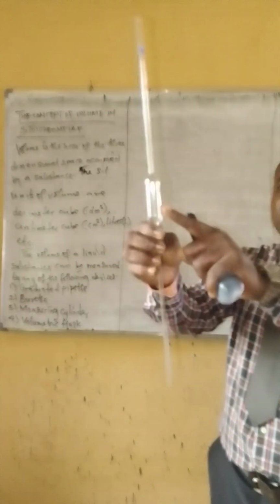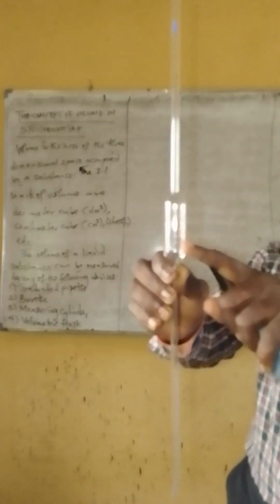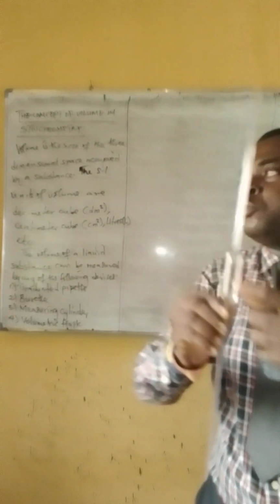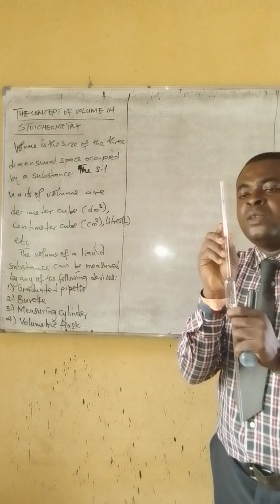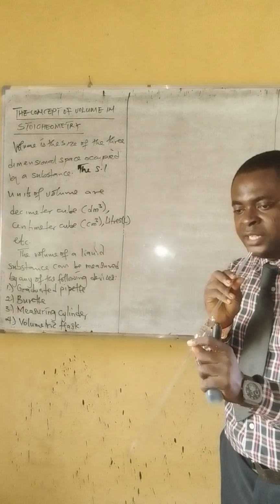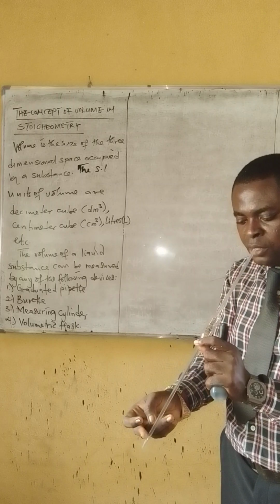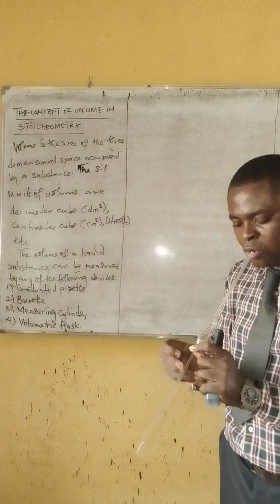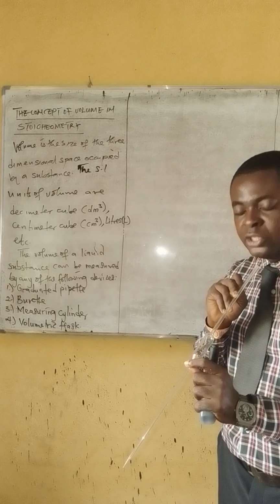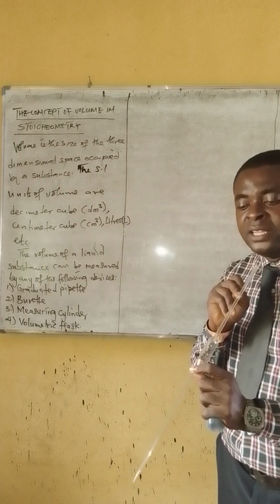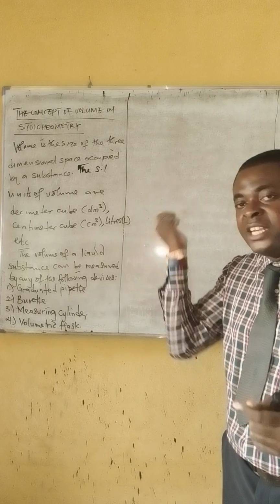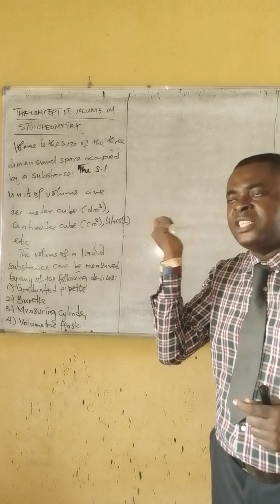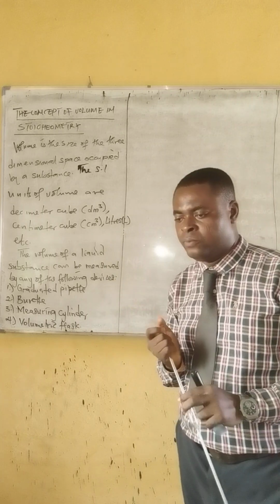The capacity of this one is 25 mil, which is 25 cm cube. So it has a brown ring here. If I use this to suck a liquid, and the liquid rises up, and by the time the meniscus touches this ring, then the volume of the liquid I've put inside is 25 centimeter cube.